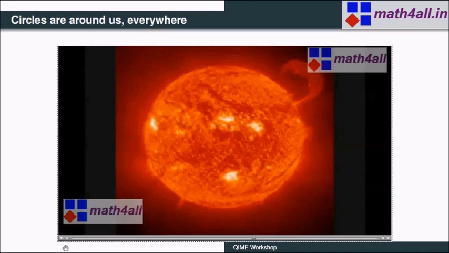But these are sort of circular, spherical objects. They look circular because we look only at two-dimensional views of them. So students will like it.